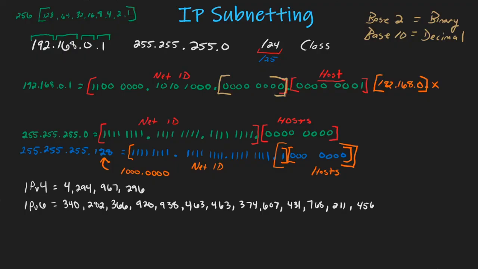Whereas IP addresses at the back end are all binary, we represent them in base 10, right? 192 means 192, whereas IPv6 actually uses hexadecimal, which is the numbers 0 through F. It's actually base 16. So base 16 equals hex.